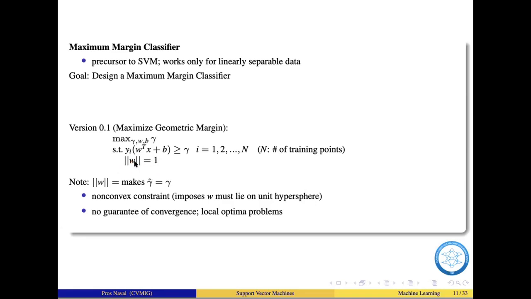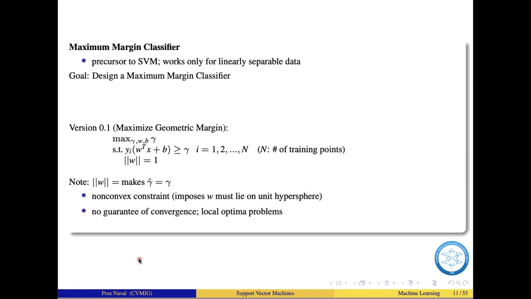So why do we impose this condition? We impose this condition because we want to make the geometric margin equal to the functional margin.